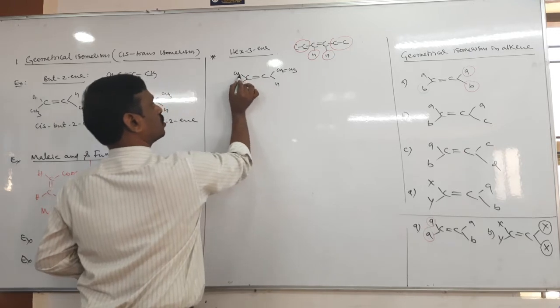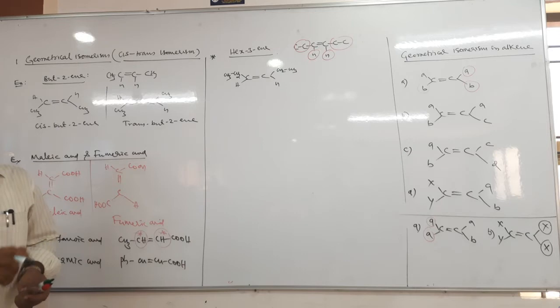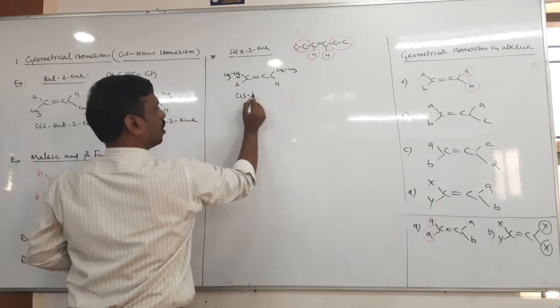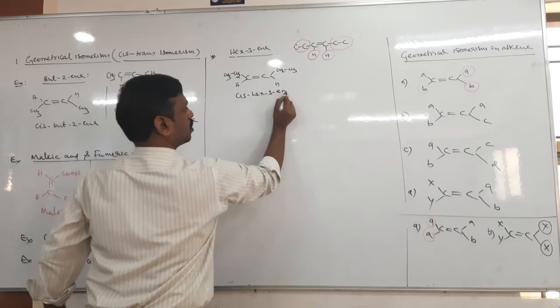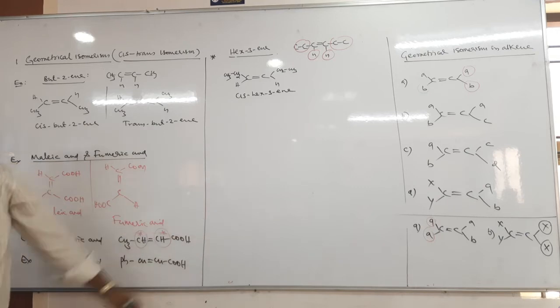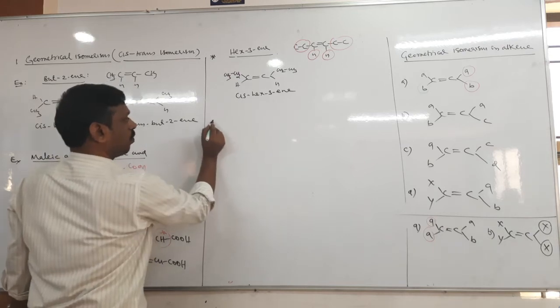Here also CH2, CH3, ethyl. It is cis. So what is the name? Cis hex-3-ene. So will you write trans hex-3-ene? Yes. Okay. Next, one more example.